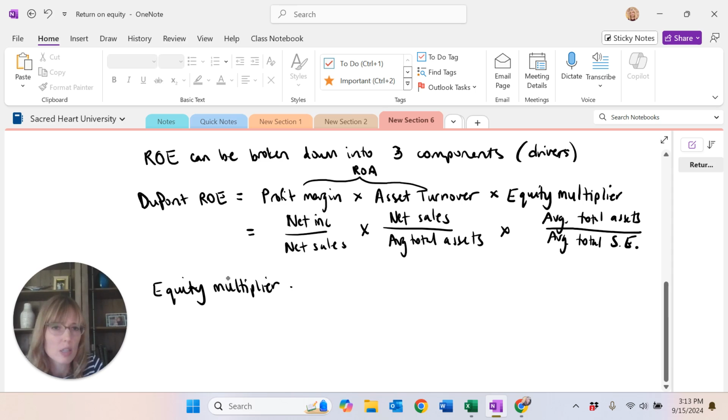This tells us about the company's reliance on equity to finance its assets. Remember, assets can be financed in one of 2 ways, liabilities or equity.